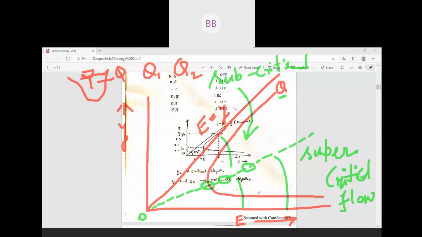The depth of flow in supercritical is less than your critical depth, because this is your critical depth corresponding to your minimum specific energy. This is your E minimum. Corresponding to that energy, we have the critical depth of flow. So all the depths of flow in supercritical are less than your yc, and here vice versa, they are greater than your yc.